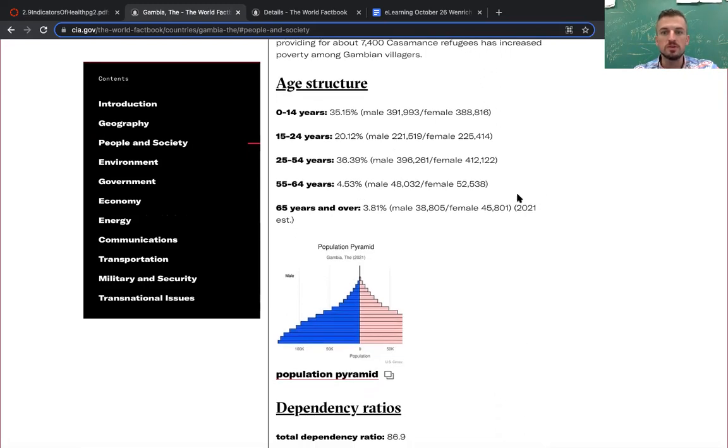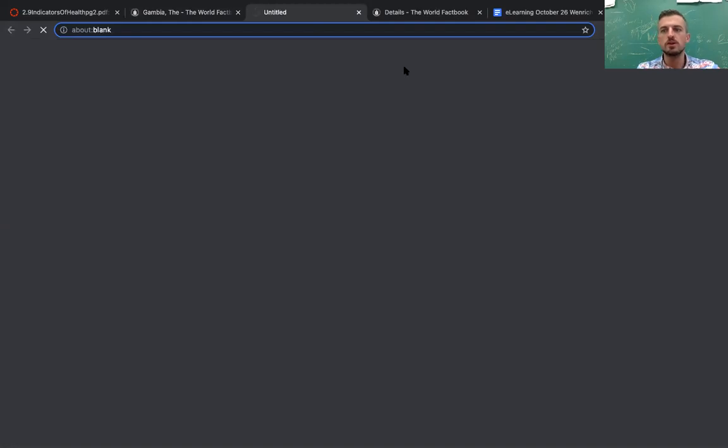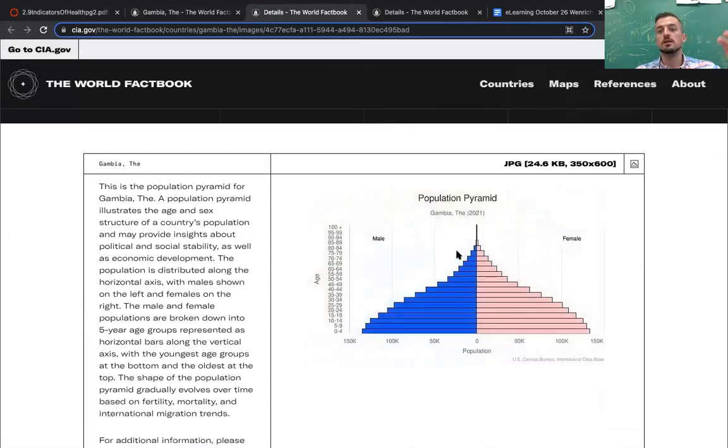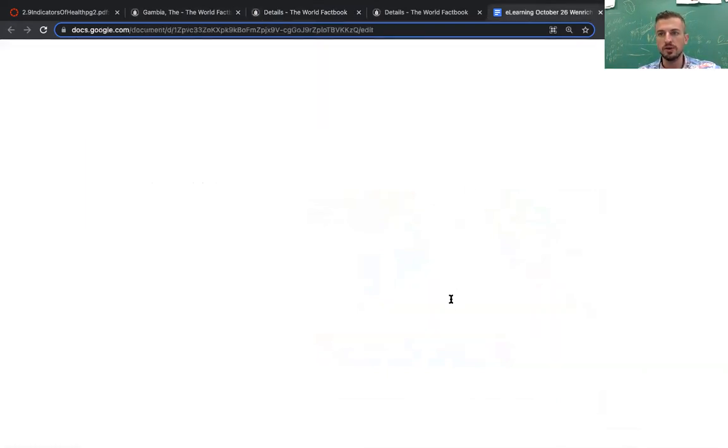It will give you this data, but your assignment is to literally take this population pyramid. If you click on it, it will take you to a new link. It might be a little bit different on your iPad. It really doesn't matter because what I'm going to have you do is take a screenshot and put that screenshot onto a Google Doc.